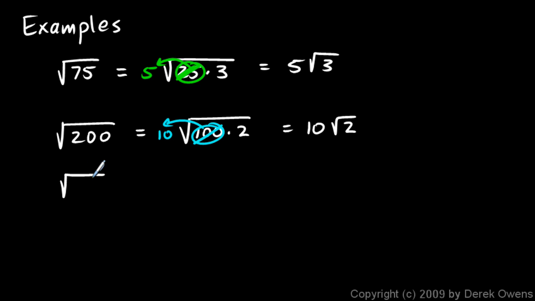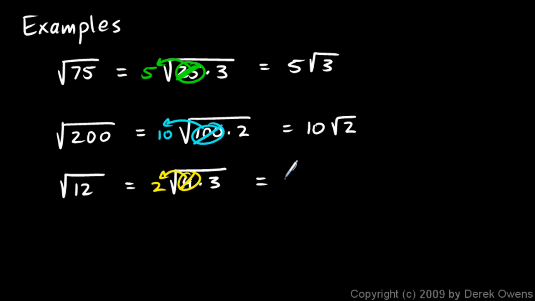Here's another example. The square root of 12. Okay, 12 is 4 times 3. So this is the square root of 4 times 3. And when I write this, I leave a little space out here. That comes in handy. The 4 becomes a 2 out from under the radical. The square root of 4 is equivalent to a 2 not under the square root.